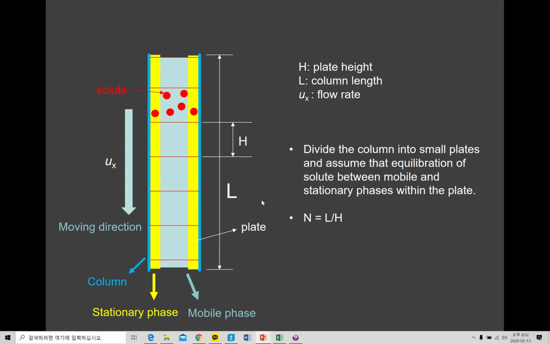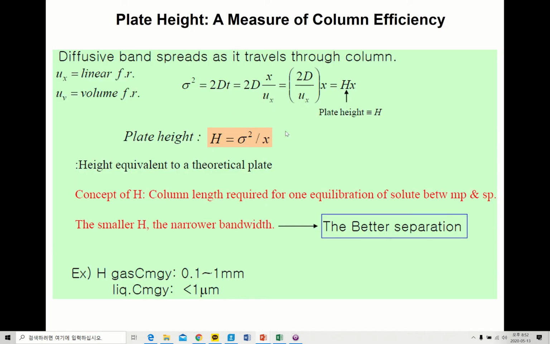Now go back to this slide. If we rearrange this equation, then the plate height H equals sigma squared, this is the variance, divided by x. X is here the distance.